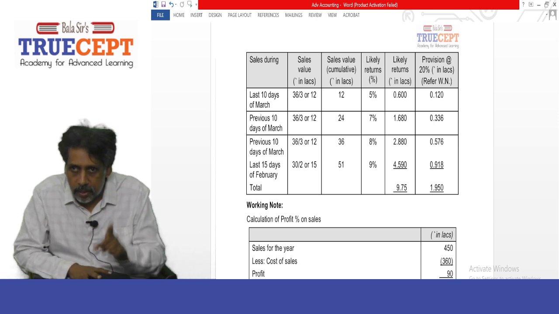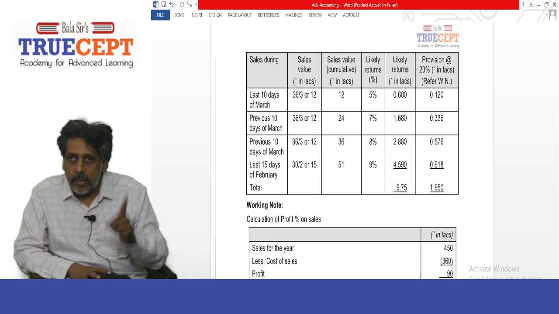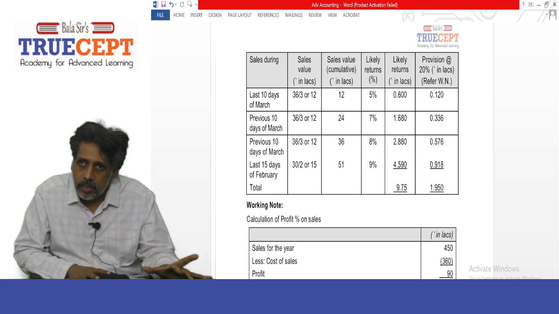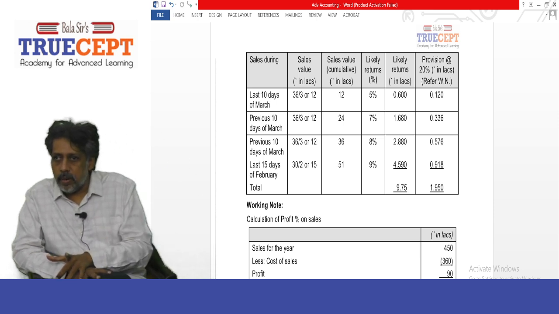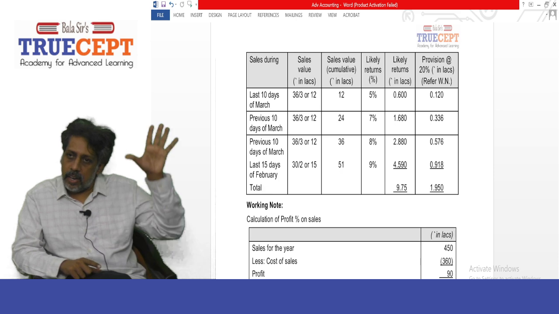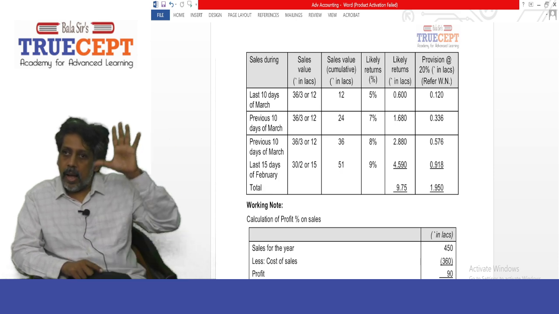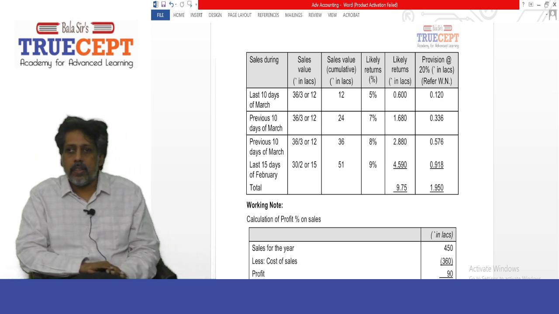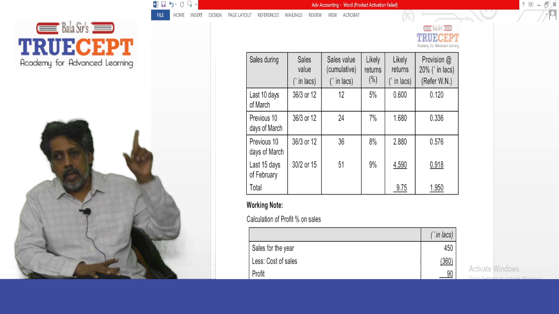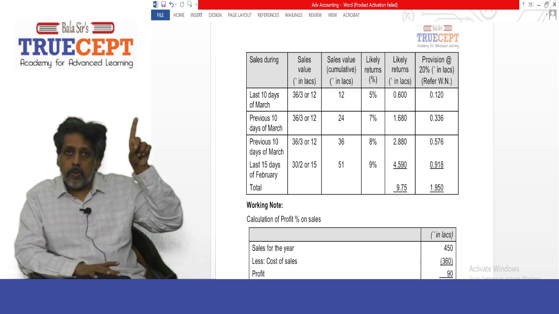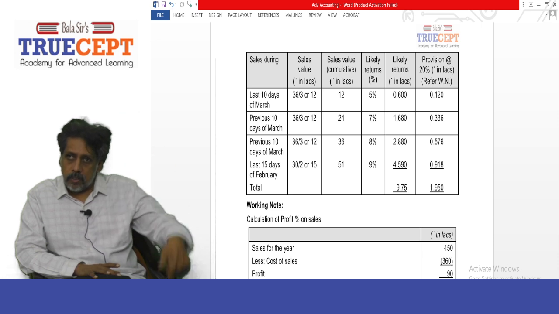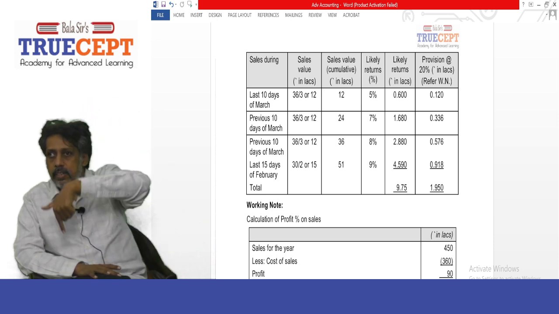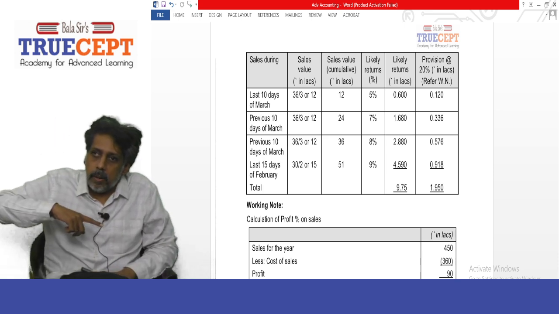Now comes a trick. When you take up the previous 10 days, that is March 11 to March 20, got it? Yes, sir. What are the sales? Again 12 lakh. But now you add these two and say 24 lakh, because I'll tell you the reason. The 12 lakh rupees worth of goods sold in March may be returned even on April 11th, right? Which is beyond 10 days.